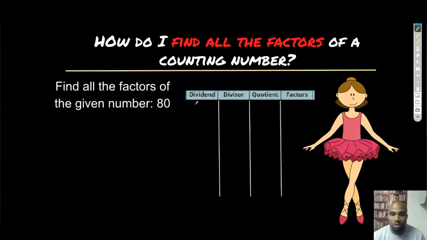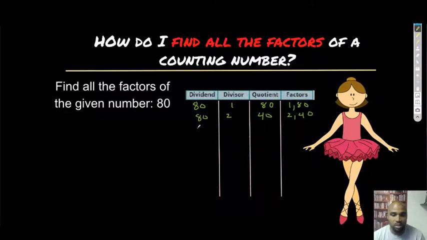And I'm going to write smaller. 80 divided by 1 is 80, because 80 times 1 is 80, so I know it's 1 and 80 there. And 80 divided by 2, I know that 2 times 40 is 80, so 2 and 40.